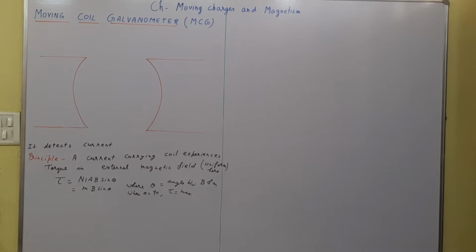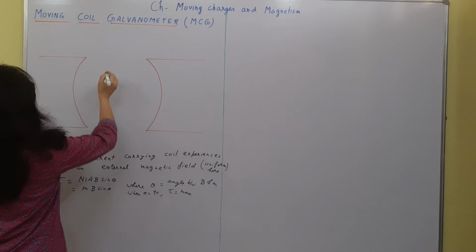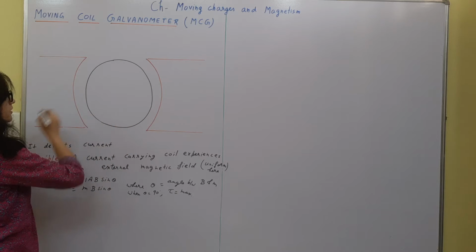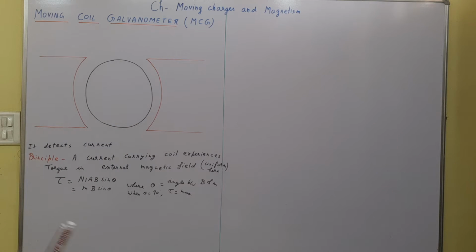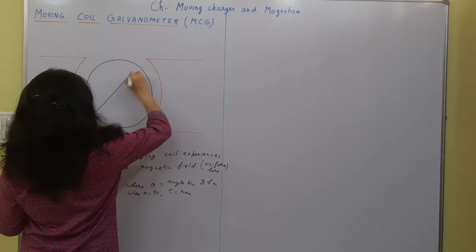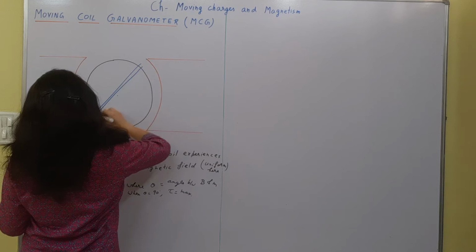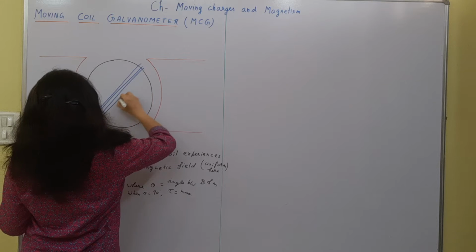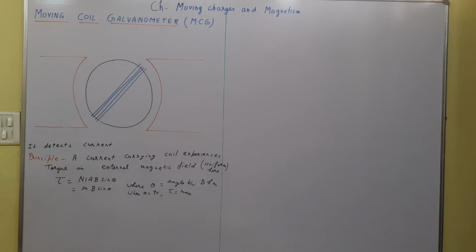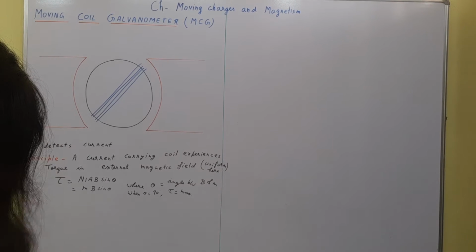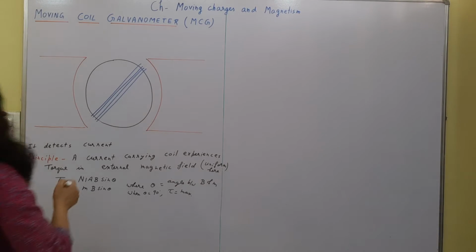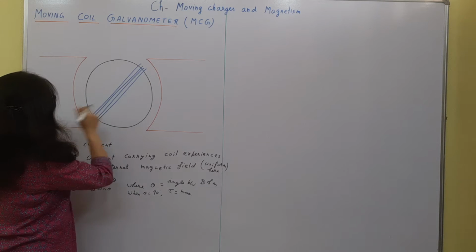So this is the soft iron cylindrical core on which the windings are given, which will look like this from top view, right? And at every point the magnetic field will be perpendicular to the magnetic moment.